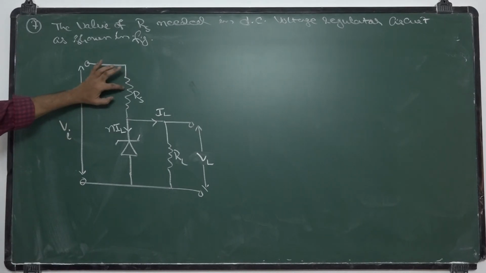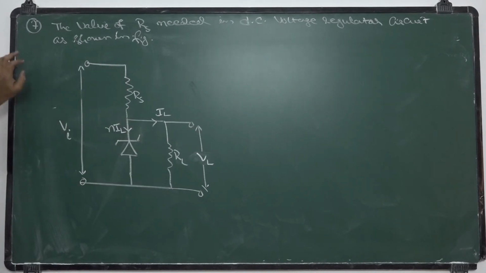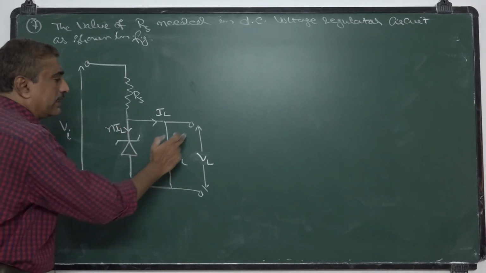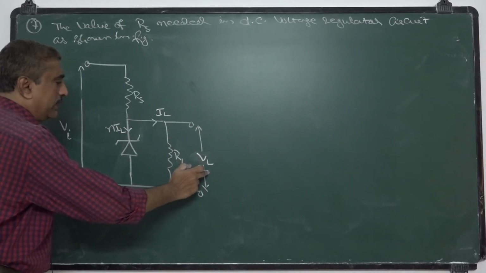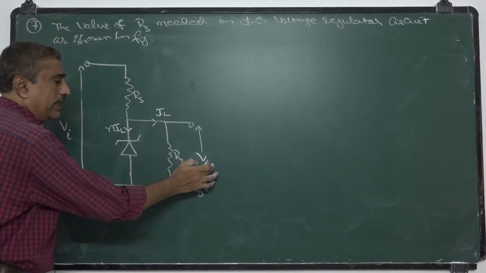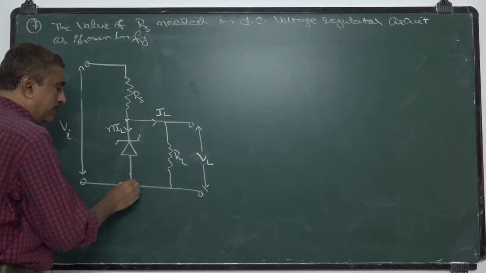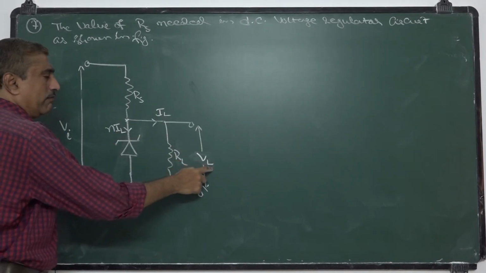Now, what is the value of RS from this circuit? Okay. Now, this is parallel to this, and that across this is VL. That means IL RL is the VL. That means voltage across this Zener diode is also VL.